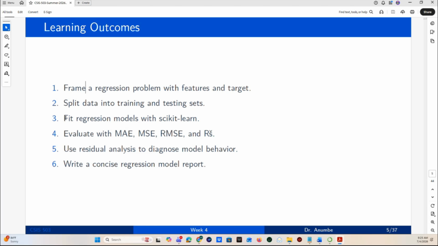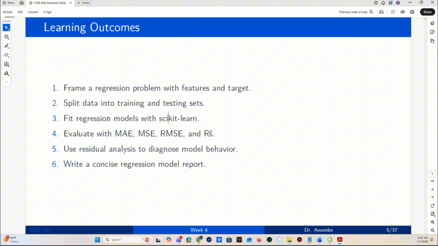So then the other outcome will be to fit regression models with scikit-learn, which is one of those Python packages that is used for AI, machine learning.